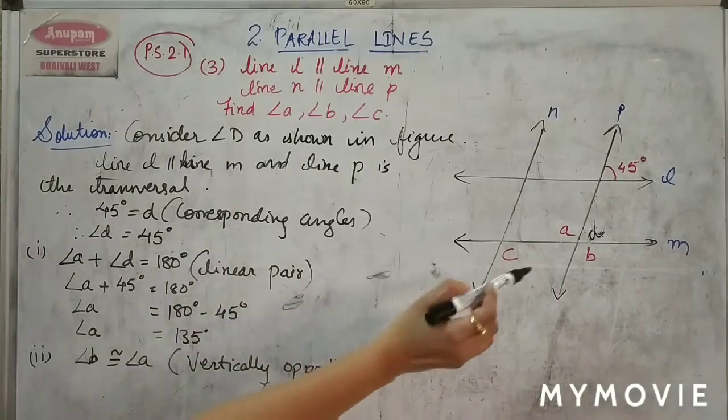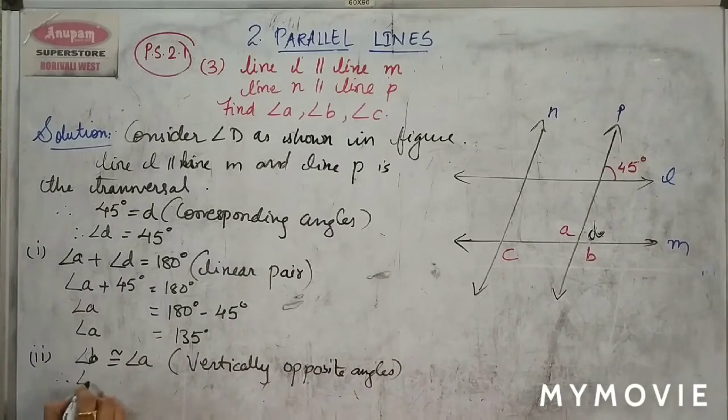So since B is equal to A, angle B is equal to 135 degrees. So I got angle A, which is 135, and angle B, which is also 135.